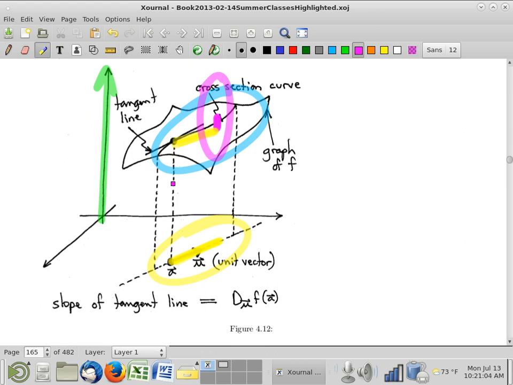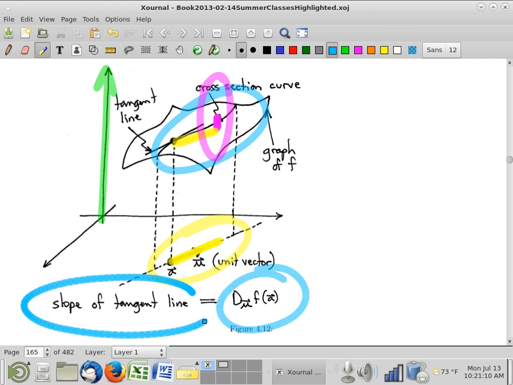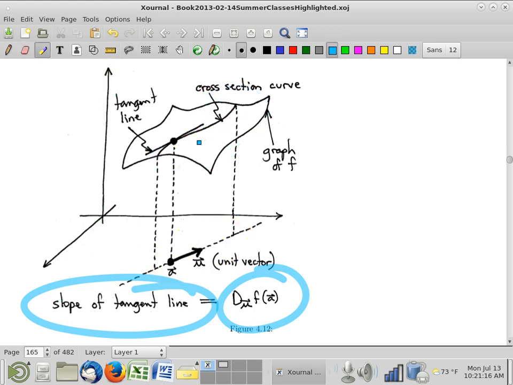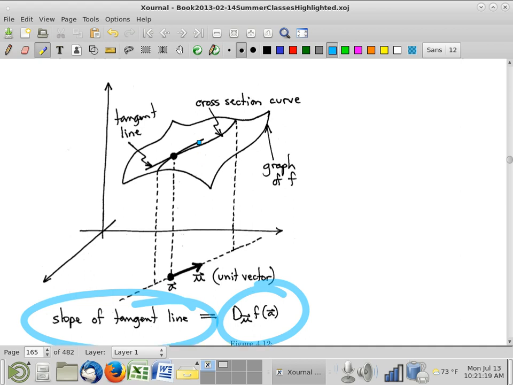So you get this punchline: unit directional derivatives compute slopes of tangent lines. Specifically, slopes of tangent lines to graphs, of course. Notice that here we're using height to represent the value of the function. So here we have z is f of x comma y.